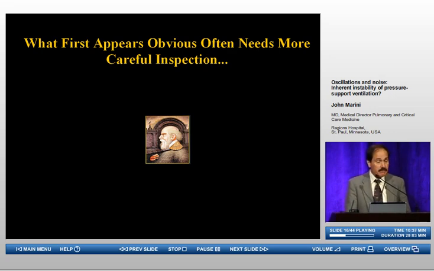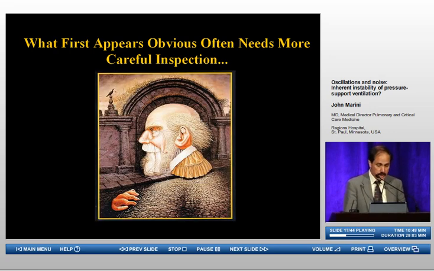What first appears obvious often needs more careful inspection. This certainly looks like a South American dictator, at least to me. But when you look more carefully, what you see is it's composed of an old man, beautiful young woman, and a dog.